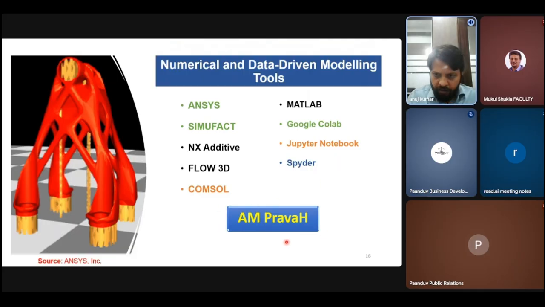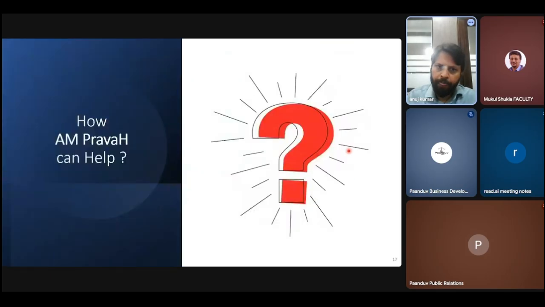But again, when we collaborated with AM PravaH, we found they have these two modules integrated within AM PravaH. You can numerically, computationally model your process, and you can apply data-driven or AI modeling as well. So an Indian-based product, AM PravaH, can be utilized for numerical as well as data-driven modeling.